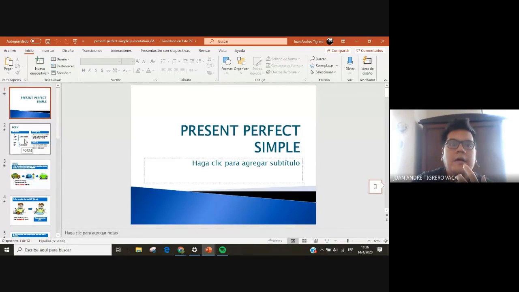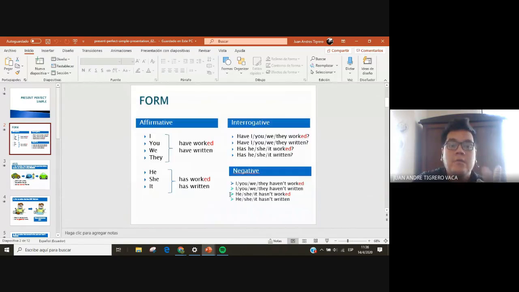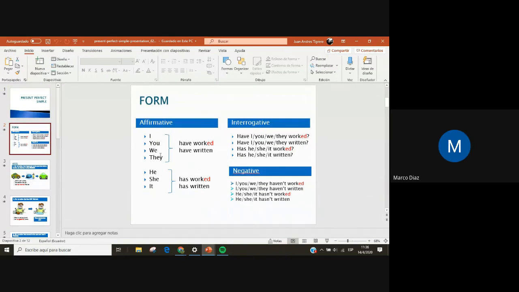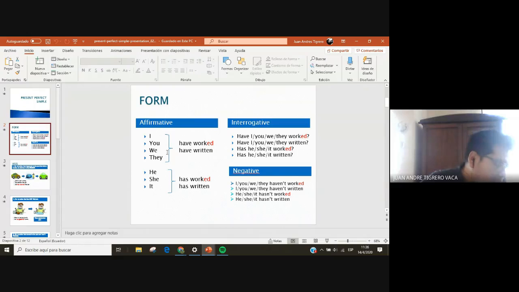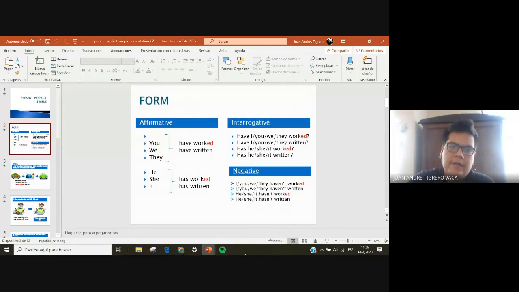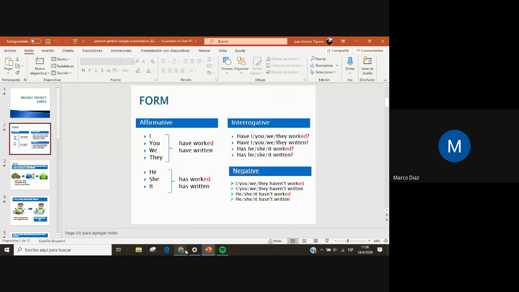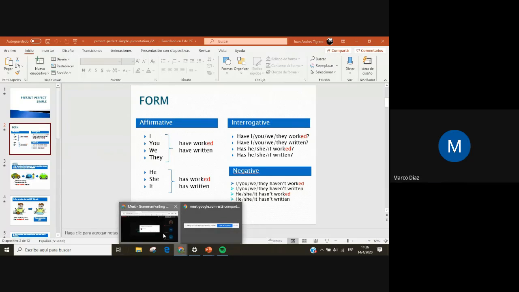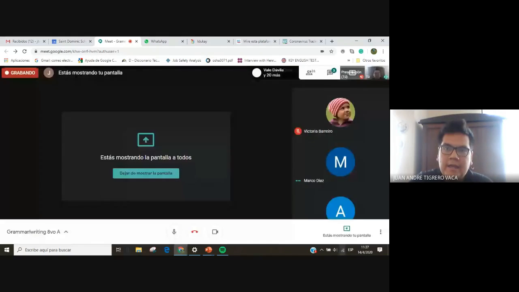So if you're talking about I, you, we, they, you have to use what verb? What is the auxiliary verb that goes with that? Have. Exactly. Have. All right. And how about he, she, or it? What is the auxiliary verb that goes with that? Has. All right. Why is it has?